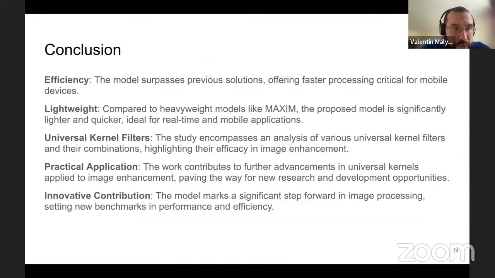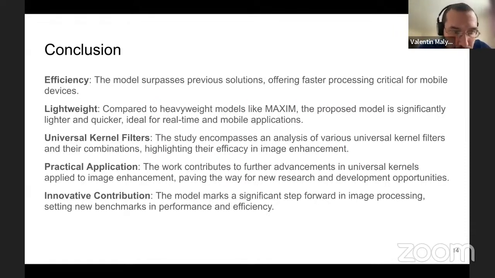So, going to the conclusion: efficiency. The model surpasses previous solutions and offers faster processing. The model is lightweight, and it's the most lightweight model for this task today.